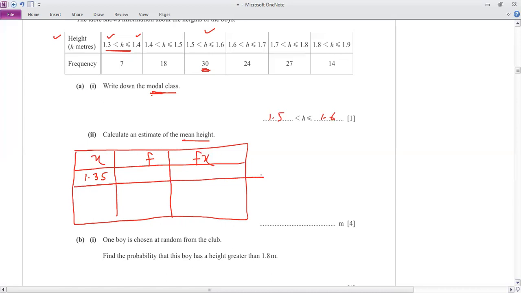For the next one, 1.45. For the next one, 1.55. Then next, 1.65.